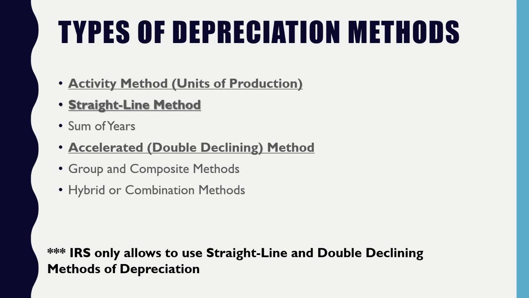The IRS prefers you to use straight line or double declining, because as we go through and learn about these two, you'll understand why. But for now, we're going to be learning the first one, which is units of production, also known as activity-based depreciation. Any other questions?